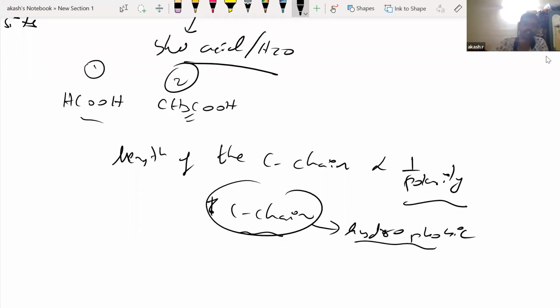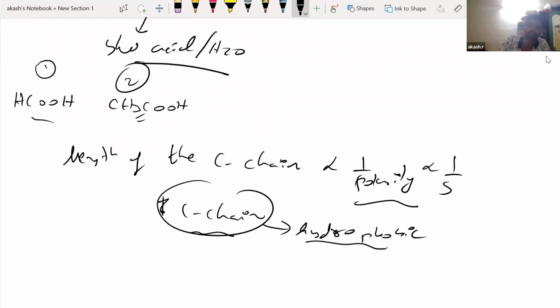So the length of the carbon chain and polarity will be inversely related to solubility in water. Higher the carbon chain, less is the solubility, because hydrophobic nature increases. They're going to hate water more and more if more carbon atoms are there.